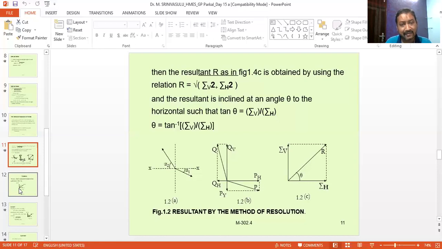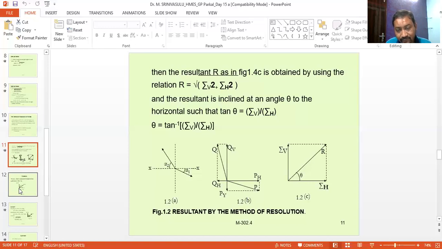In this way we can find the magnitude of the resultant. Now in this figure, tan theta, that is the angle made by the resultant with the horizontal, can be found: tan theta becomes sigma v by sigma h.